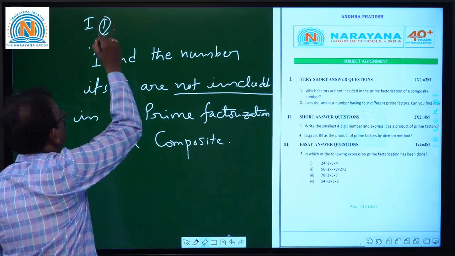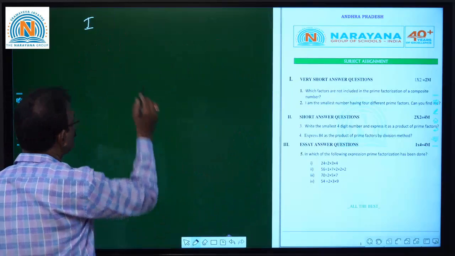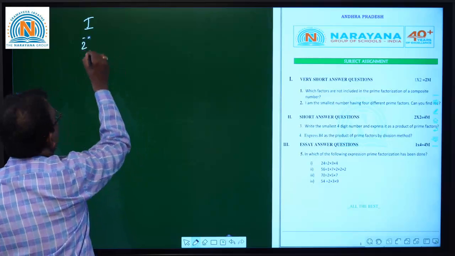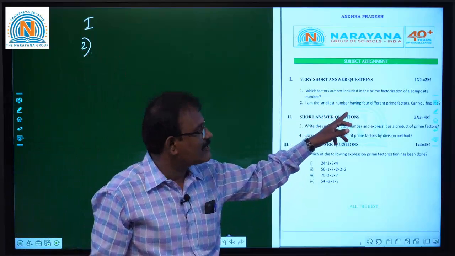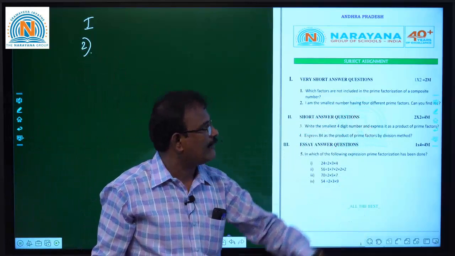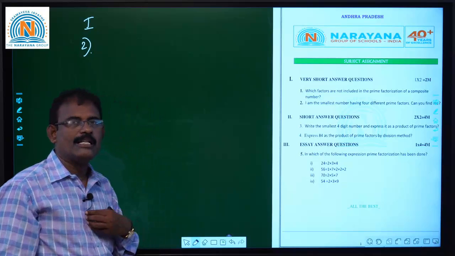So our next question, second one of the first Roman. I am the smallest number having 4 different prime factors. Can you find me? Who am I, children?